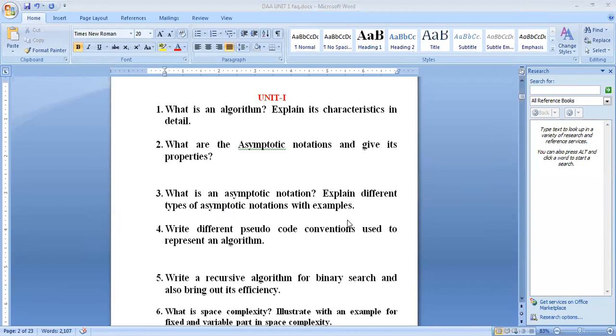Now we will consider different pseudocode conventions used to represent an algorithm.